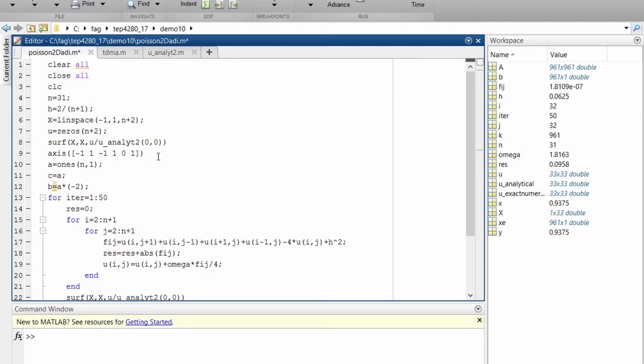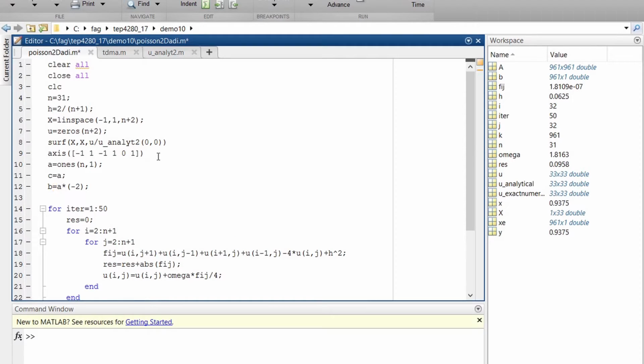So there we have A, B, and C. That's all that's required for constructing the 3 diagonal matrix, the big A. So that's actually all we need, because the right-hand side we have to construct for every line, you might say.